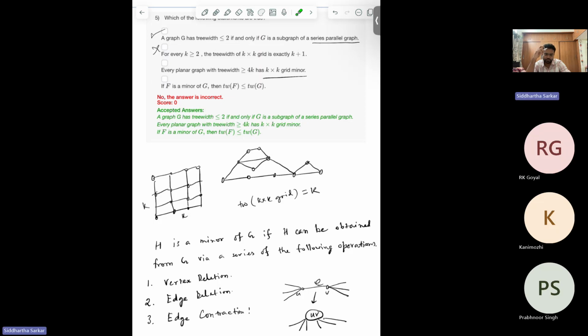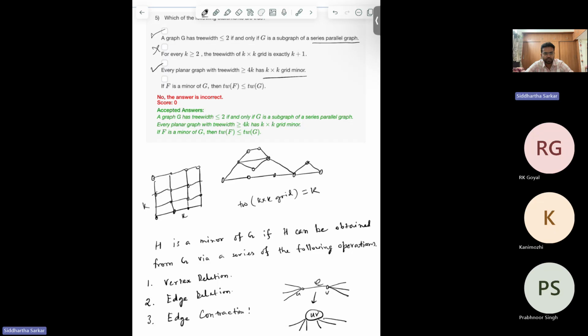Okay, so now let's look at this option. Every planar graph with tree width greater than or equal to 4k has a k cross k grid minor. Let me check if that is true. Yeah, this is a fact that every planar graph with tree width at least 4k has a k cross k grid minor. I do not know how to prove it.